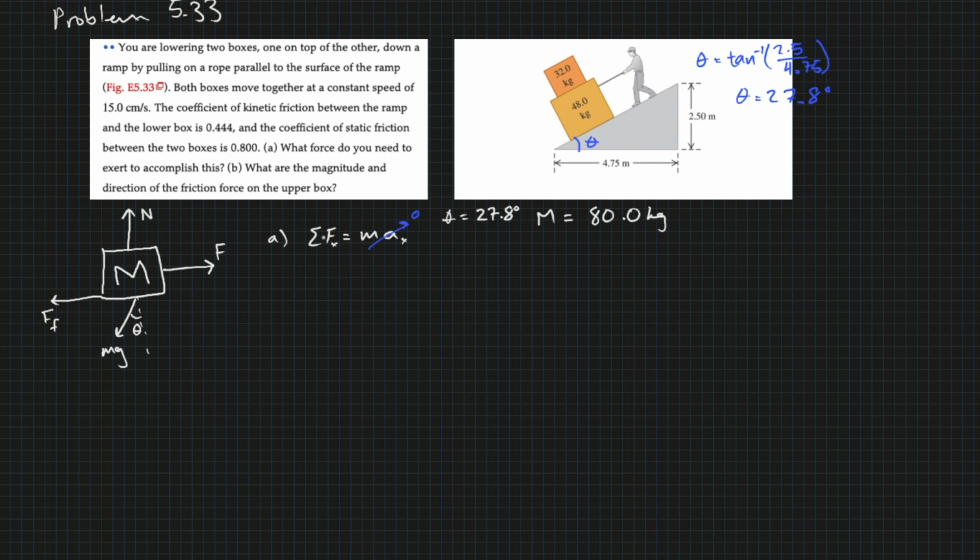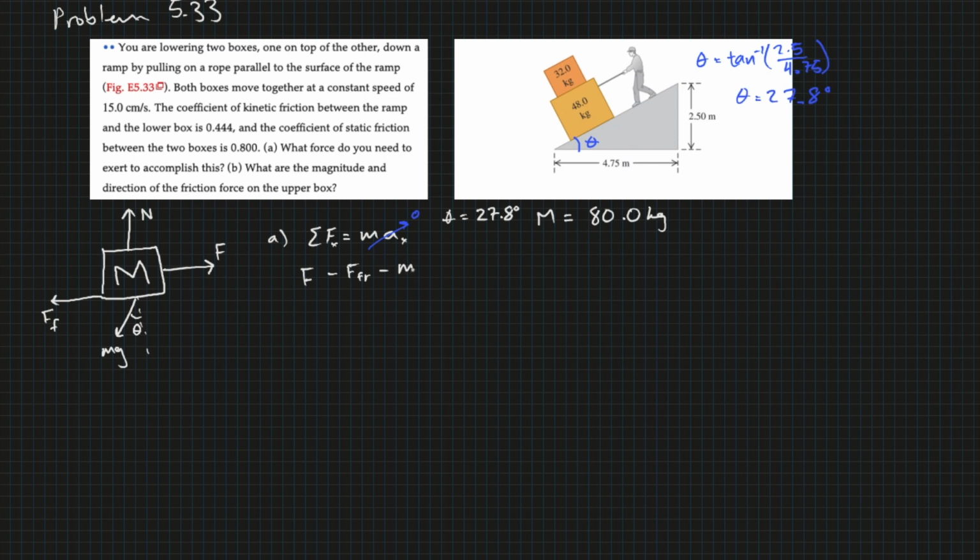So if I write this out, sum of the forces, I've got force F going off in the positive direction, so that's positive there. I've got then the force of friction going off to the left in the negative direction, so that's negative.